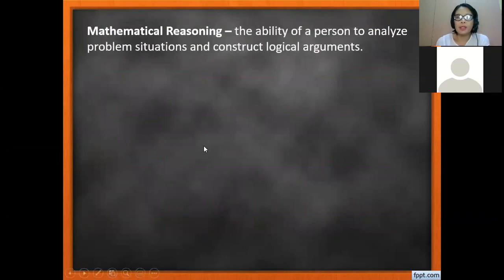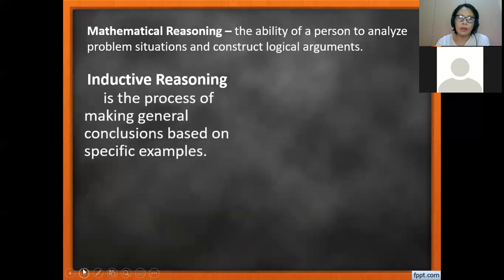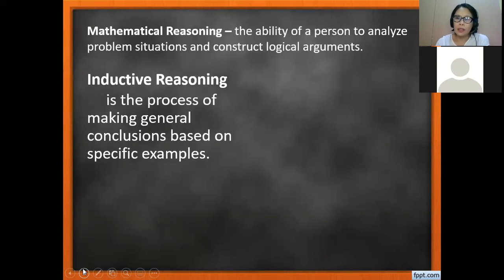Okay, so when we say mathematical reasoning, this is the ability of a person to analyze problem situations and construct logical arguments. Basically, we have two types of reasoning. Inductive reasoning is the process of making general conclusions based on specific examples. So here we begin with a specific example and then we come up with our general conclusion.